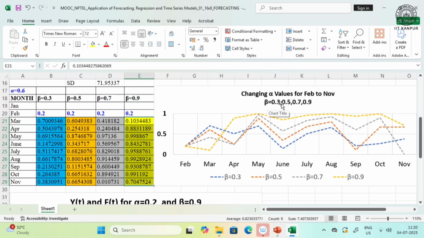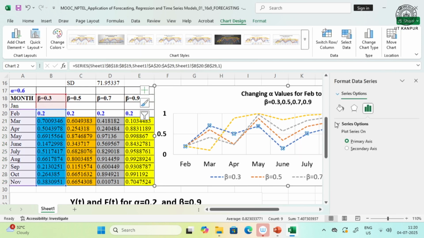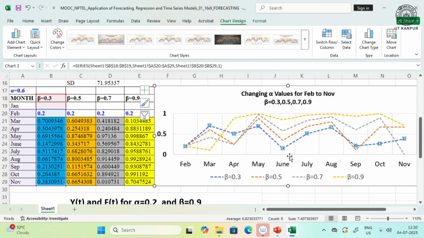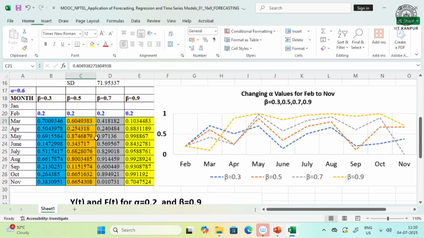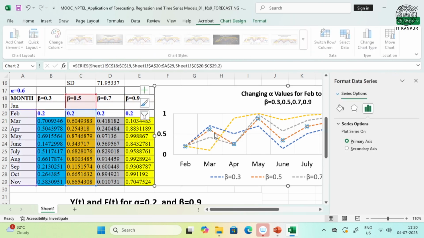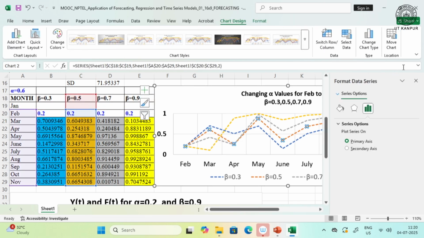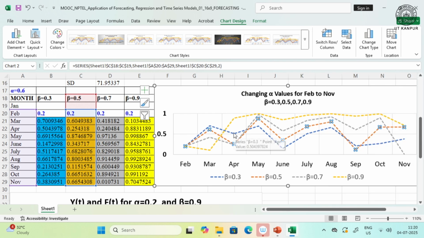So, if I consider beta 0.3, the blue values which are given in column B which have been marked are plotted in the blue line. Here it is, this blue line which I have just ticked to highlight the points. If I consider beta equal to 0.5, the values are here as marked here for beta 0.5.